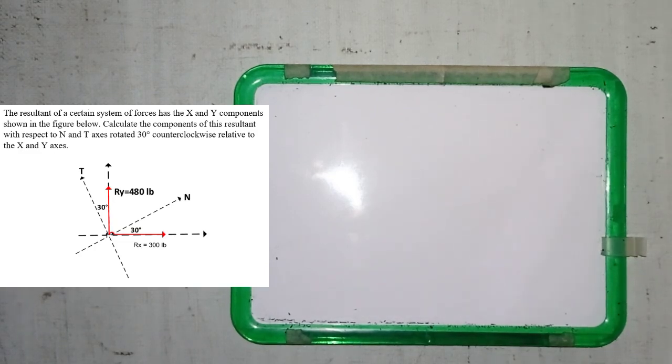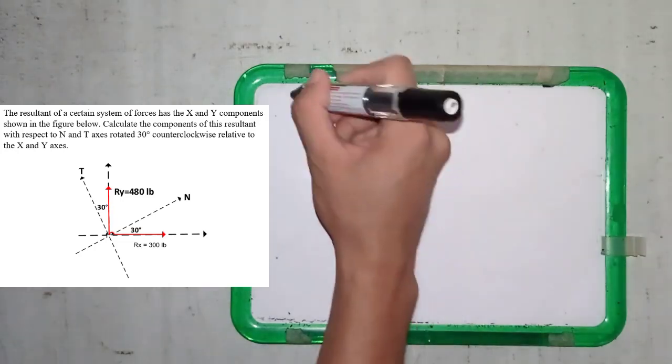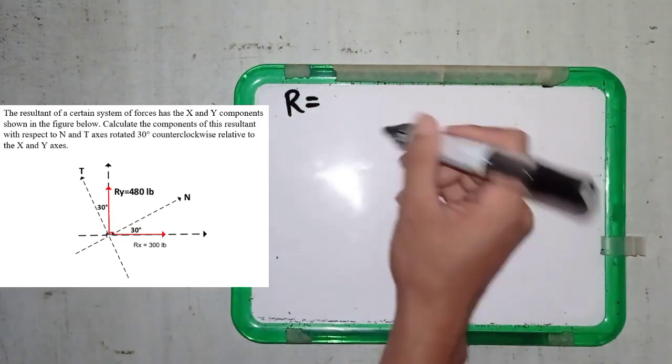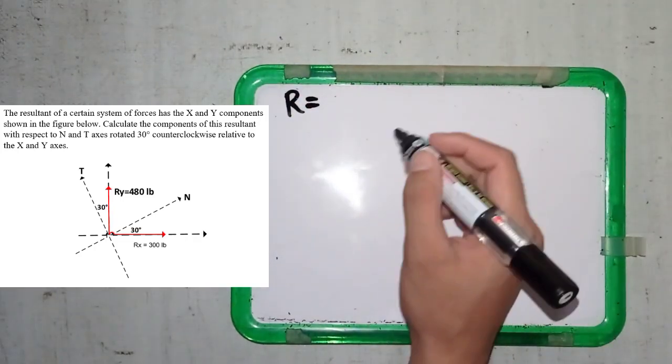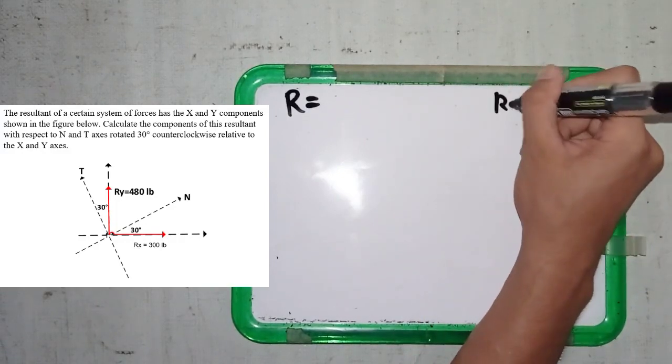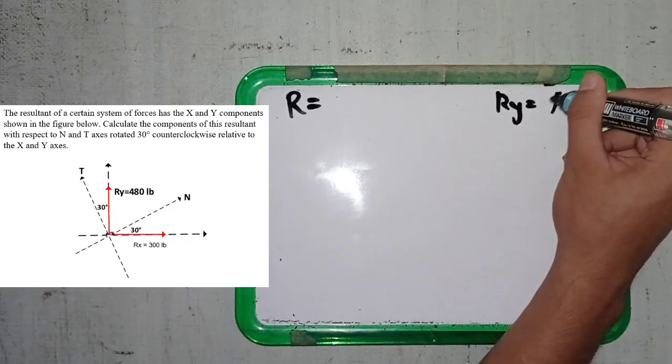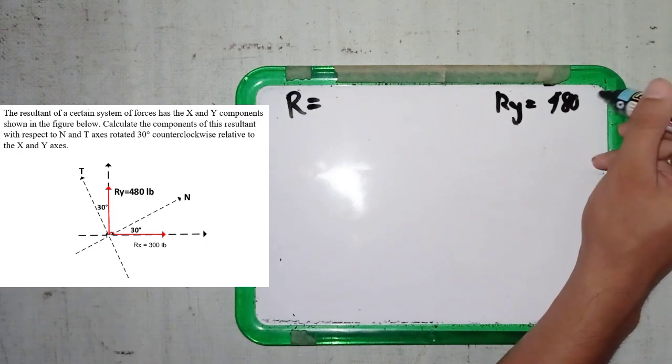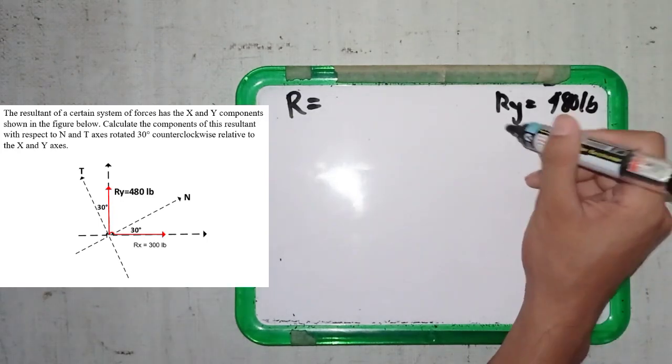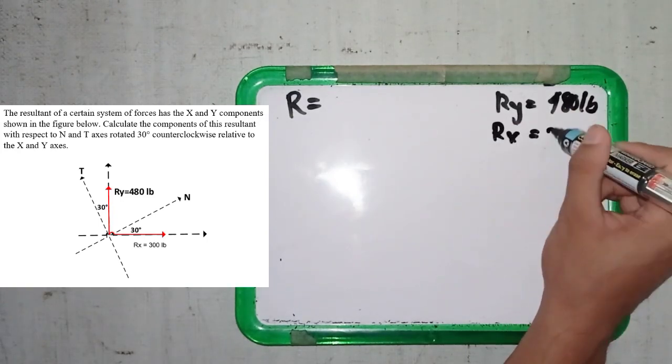First, we need to find the magnitude of the resultant, R. It is not indicated there, but we are going to find it. The given is Ry equal to 480 pounds, and Rx is equal to 300 pounds.